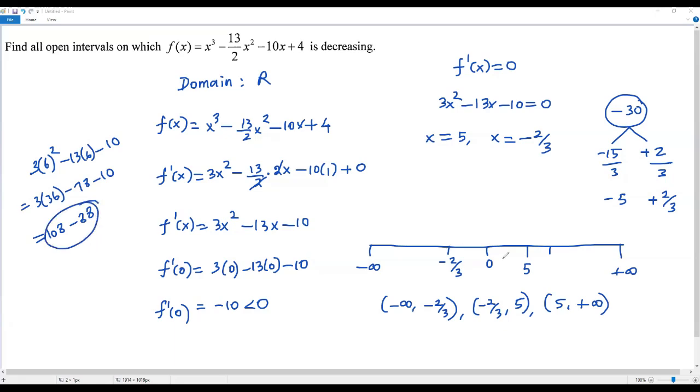So in the interval (5, infinity), f prime of x is positive and the function is increasing.